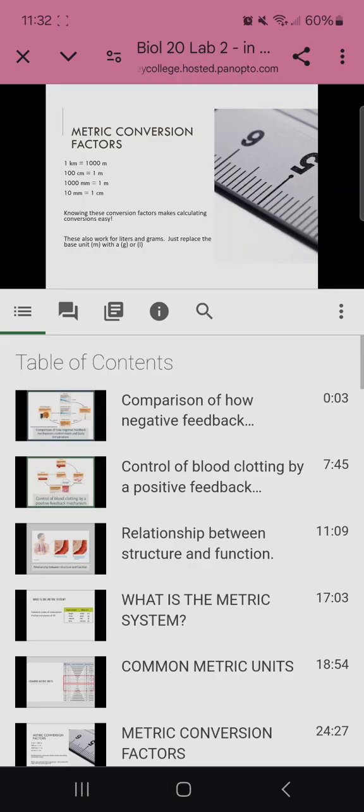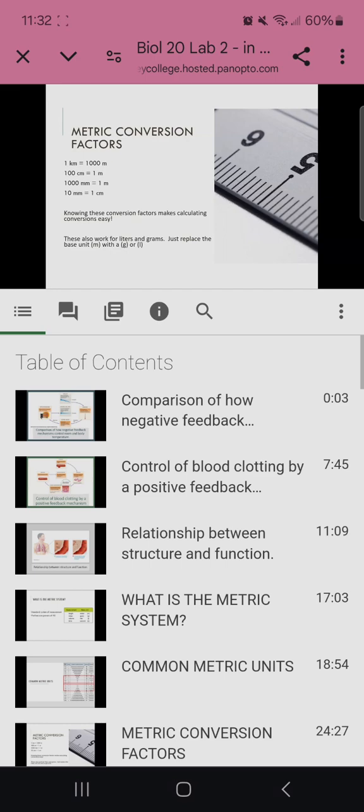The next one, let's do volume: 3,400 milliliters to liters.